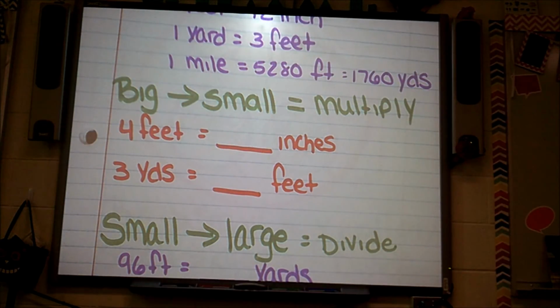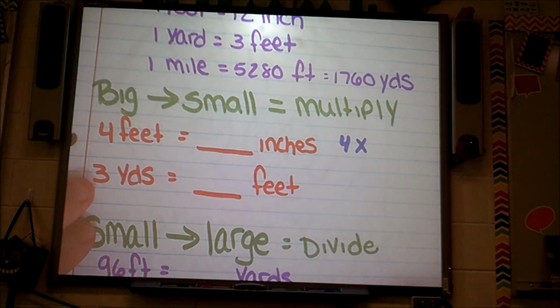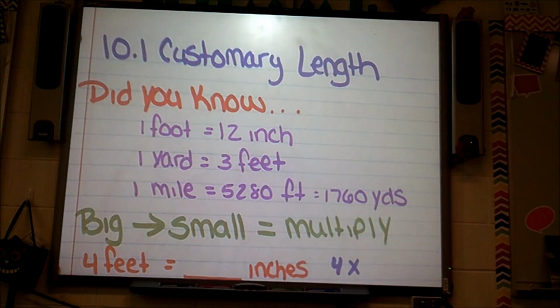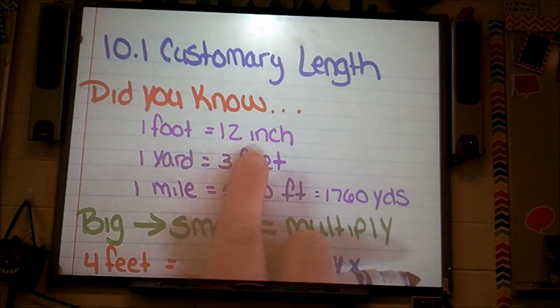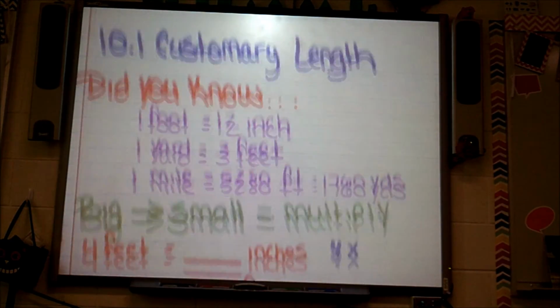But what am I going to multiply by? Well, what we multiply by is, for one, the number of feet. We multiply how many inches are in 1 foot. So I'm going to come back up to my conversions, my did you knows that I hope you wrote down. And according to my conversions here, 1 foot has 12 inches in it.